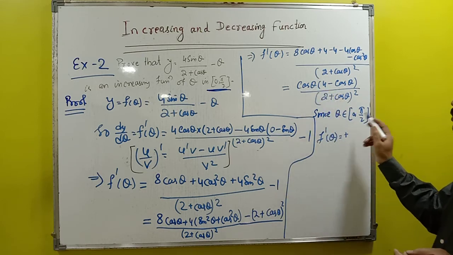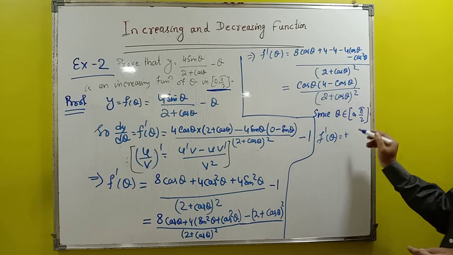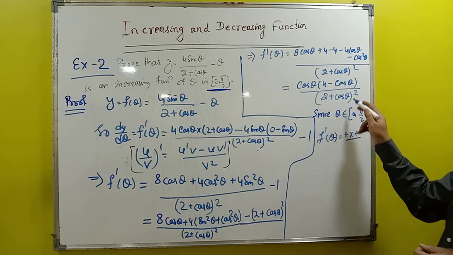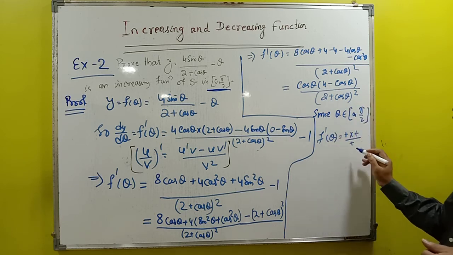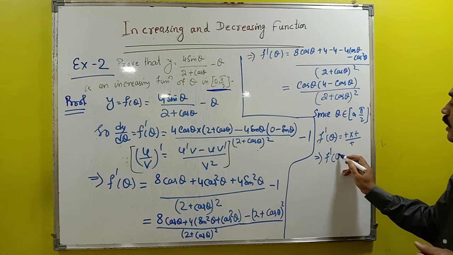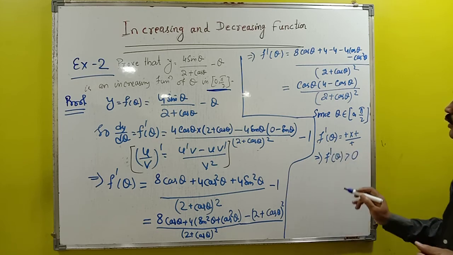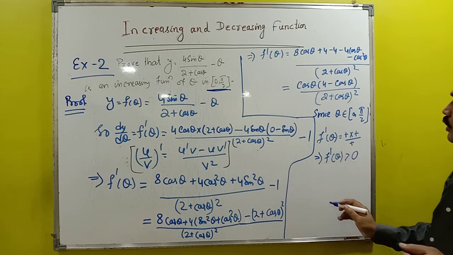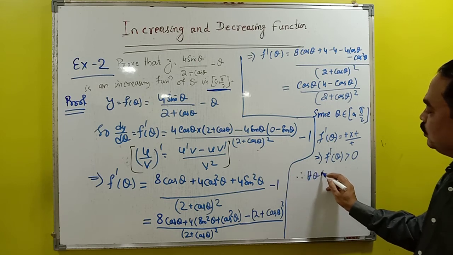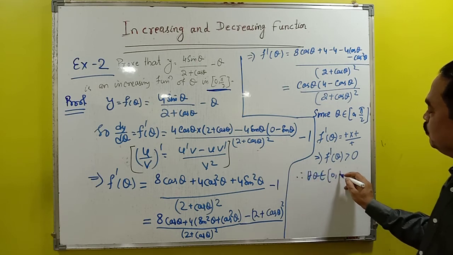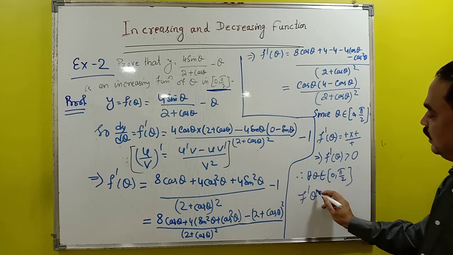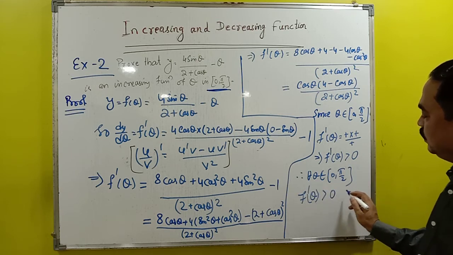Cos theta definitely in the first quadrant is positive. 4 minus cos theta is positive, and 2 plus cos theta whole square is a square function, this is also positive. As a whole, what you have got, this f dash theta is greater than 0. What you can conclude? Therefore, for all theta belongs to 0 to pi by 2, by theorem, this f dash theta is greater than 0.